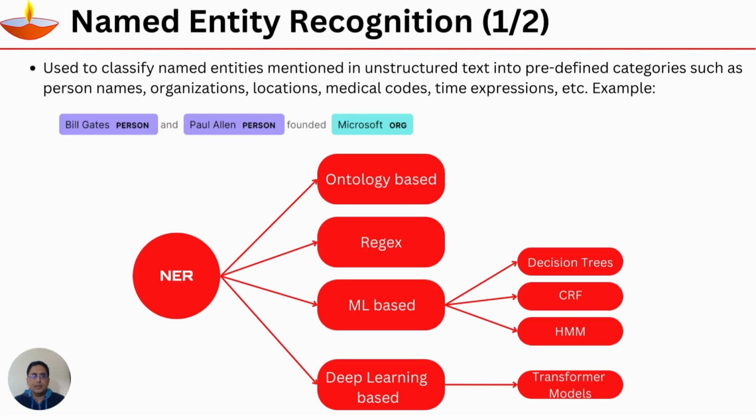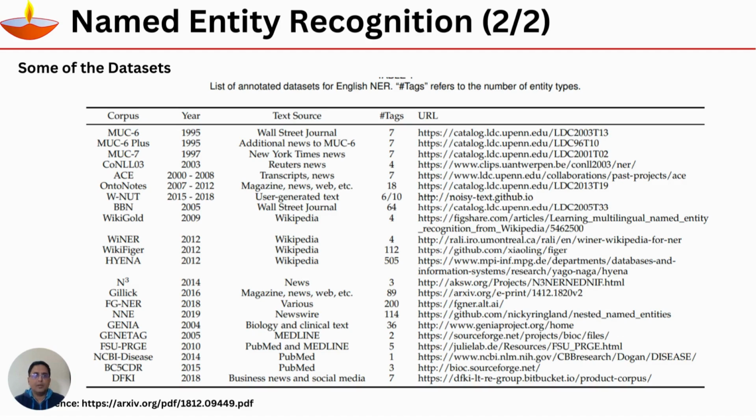Okay, so that was about named entity recognition. Some of the datasets with respect to NER are listed here. I have taken them from this specific link, so you might want to refer to this particular PDF file.